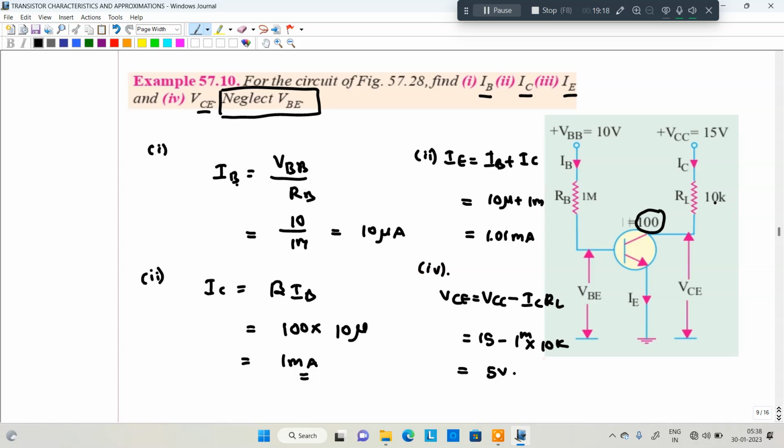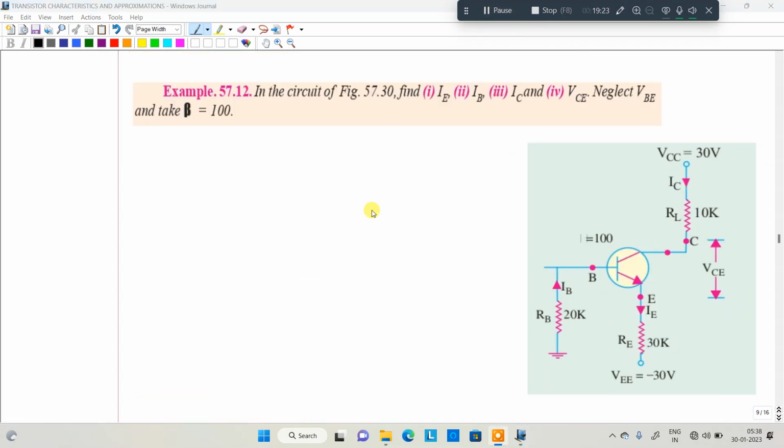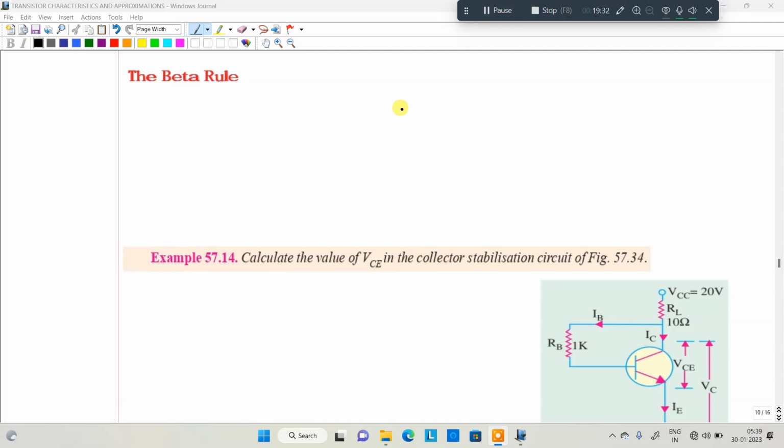Okay, next we are moving to another problem. Before that, I am going to give some important shortcuts to find this type of circuits easily. That is the beta rule. First understand the beta rule, then we are moving to the remaining topics. The beta rule is very simple.